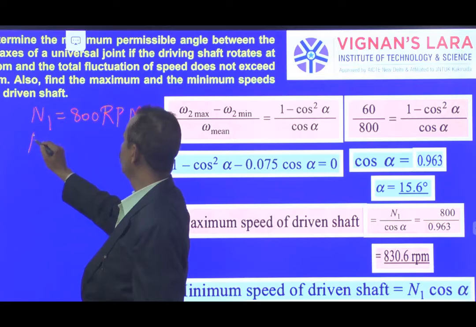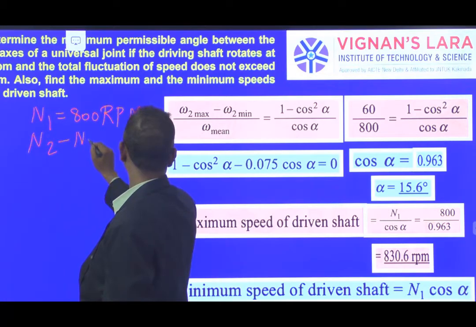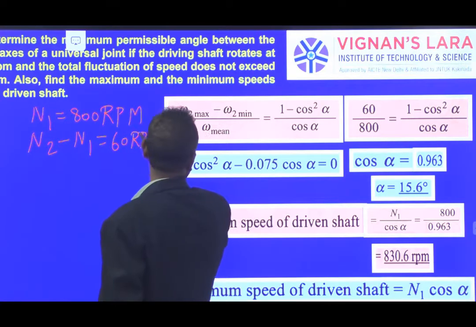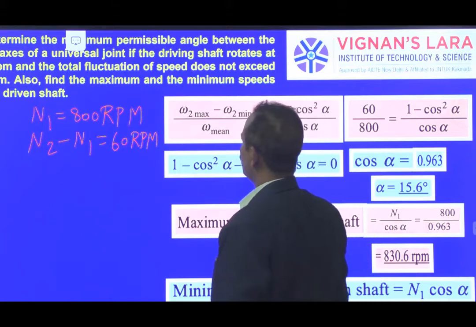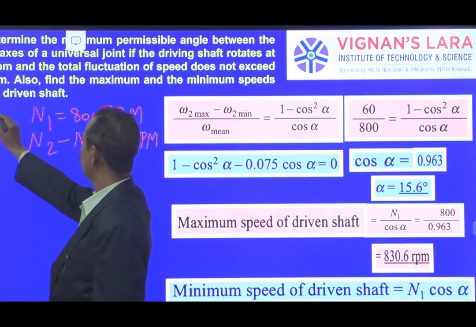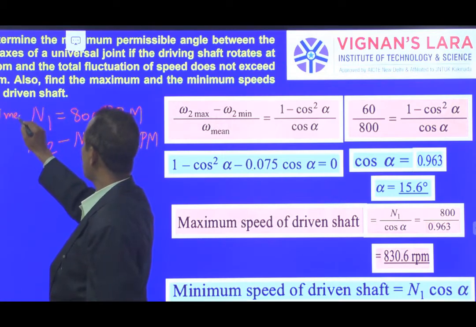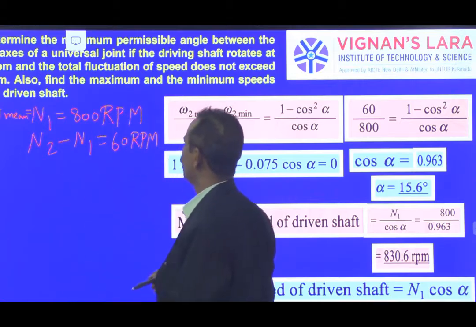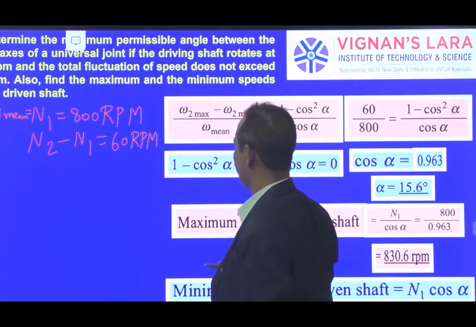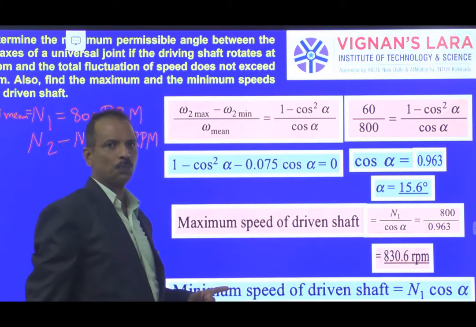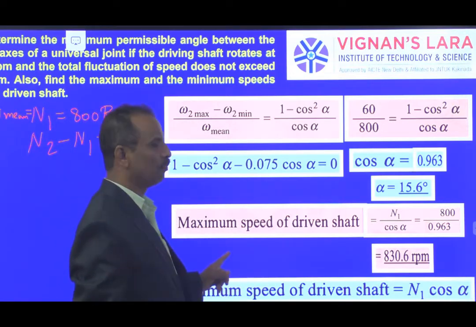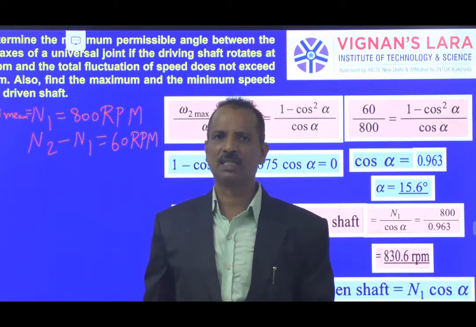then N2 max minus N2 min is 60 rpm. Since the input shaft speed is constant, N mean will automatically become N1. Why? Because the fluctuation of the speed is 60, that means maximum and minimum increase and decrease by some amount.